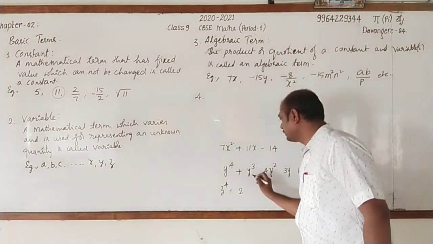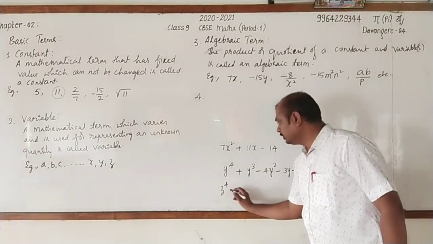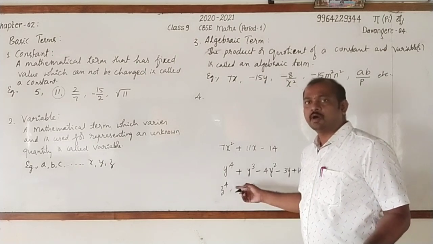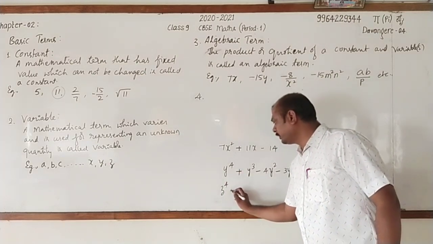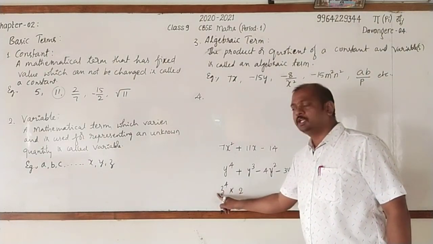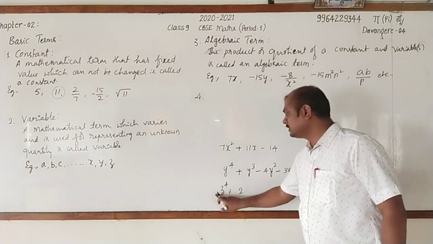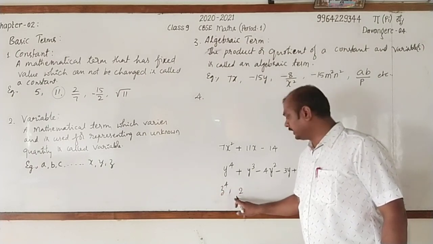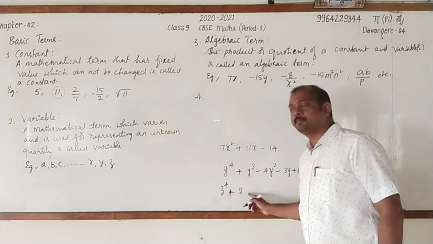Here I use plus, minus, minus, plus. Here you may use plus or minus or division or multiplication, whatever you want. If you use the multiplication sign, it will be 2 into z raised to the power 4. Division sign, z raised to the power 4 by 2. Plus sign, z raised to the power 4 plus 2.